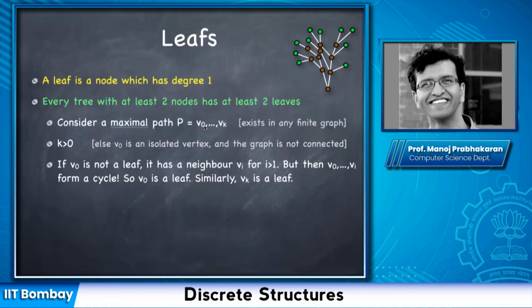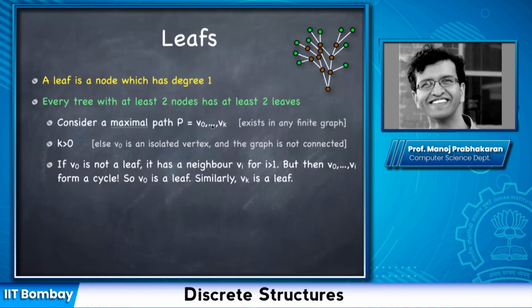So this other neighbor of v0, if v0 is not a leaf, it has another neighbor, and that neighbor is already in the path as vi for some i greater than 1. It already has one neighbor, which is v1. It should have at least one more neighbor, and that neighbor already appears as vi in this path.